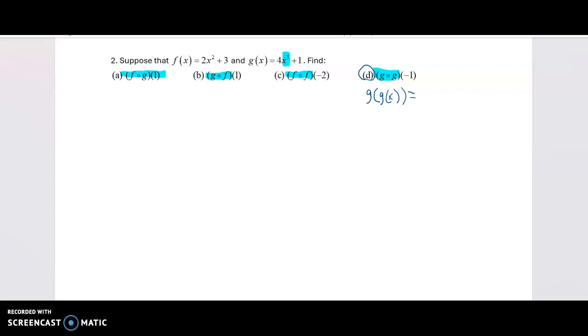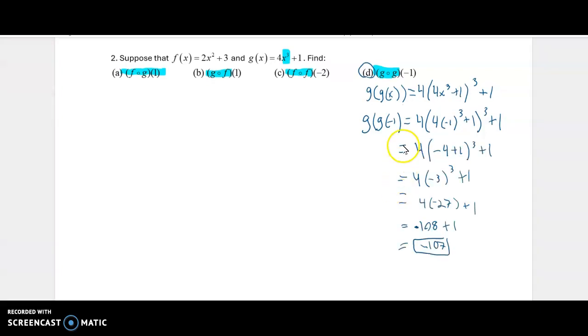It's going to look like 4 times the quantity 4x to the third plus 1, all raised to the third, and then plus 1. Now that I have that, I can plug in my number, negative 1. So g of g of negative 1 is 4 times the quantity 4 times negative 1 to the third plus 1, raised to the third, plus 1.